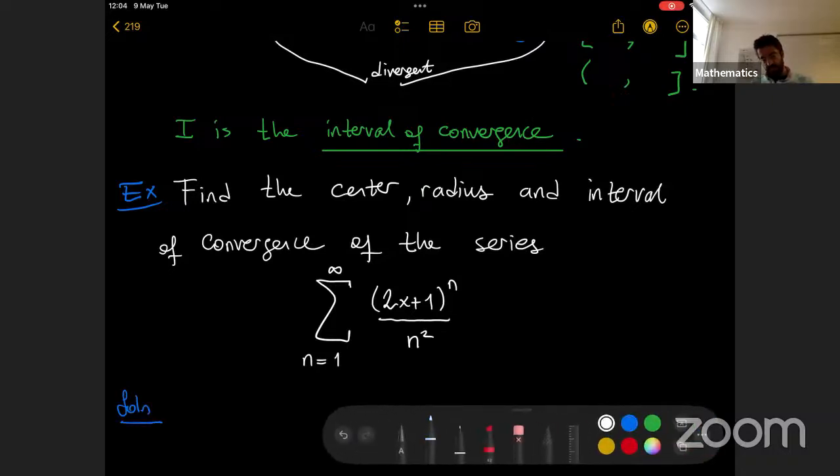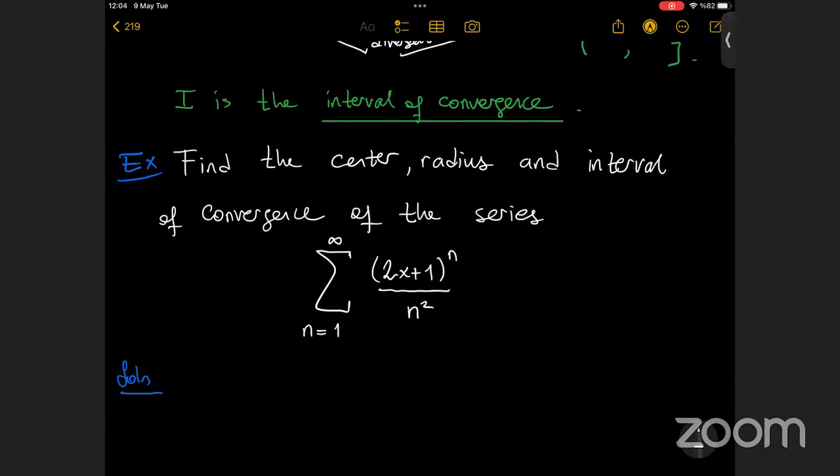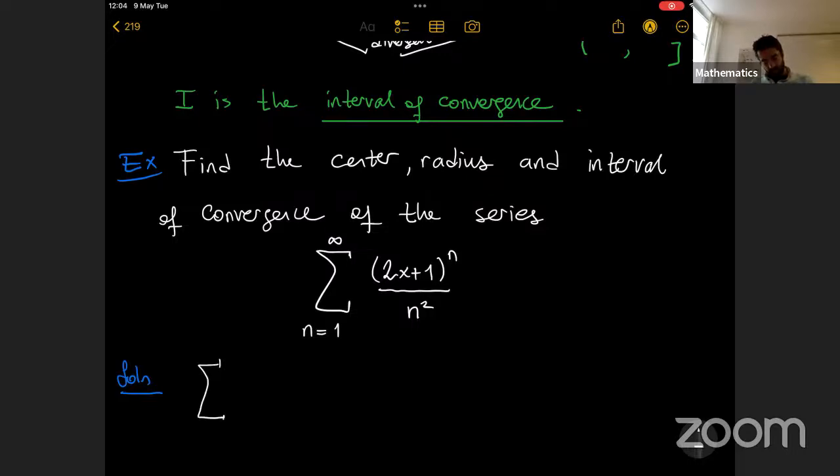What is the center? Can you guess the center? -1/2. Okay, good. It's -1/2 because you can write this as: take 2 out, it's going to be 2 to the n over n squared. What is left?